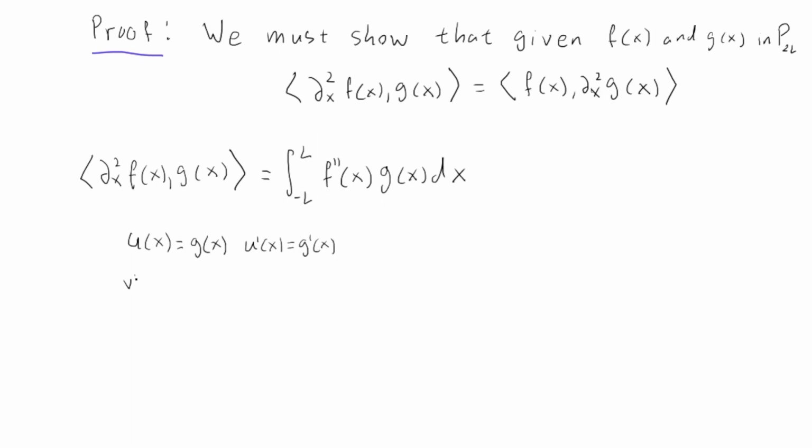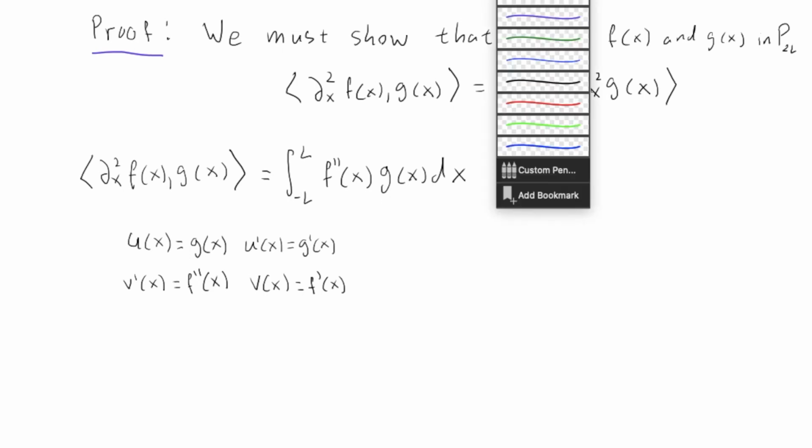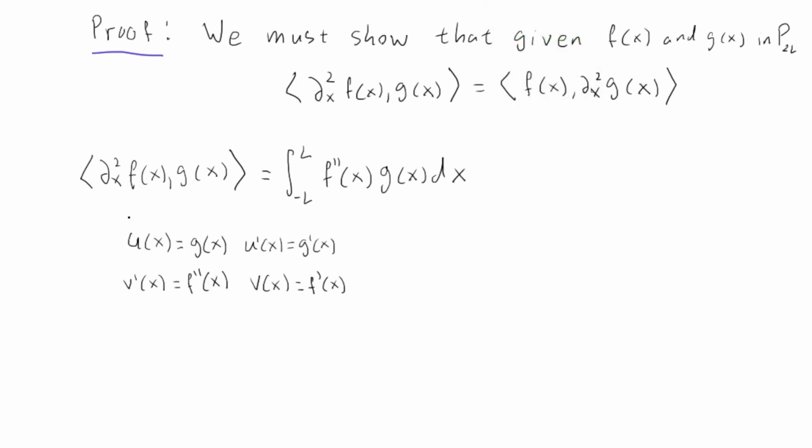And then v prime of x, I'm going to call f prime prime of x. v of x then is the antiderivative, just f prime. Okay, so that's a little integration by parts scratch work.